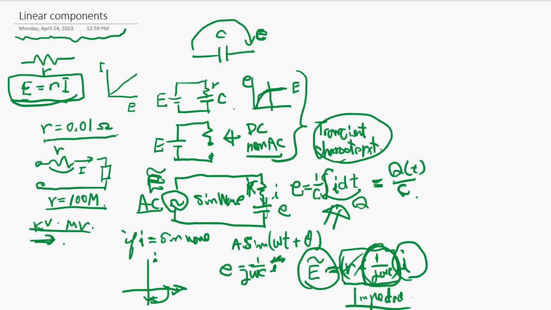Here you go. So this is Ohm's law. This is the extended Ohm's law for the AC system. So in an AC system, the capacitor becomes linear. And I will explain to you later why being linear is so important.